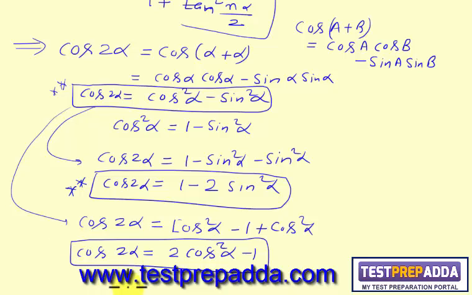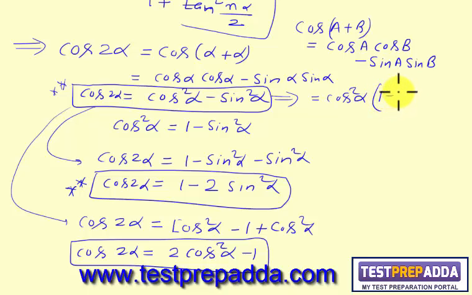Now in this only, if I divide with cos square alpha, or you take cos square alpha common, what will happen in that case? It will become equal to cos square alpha.